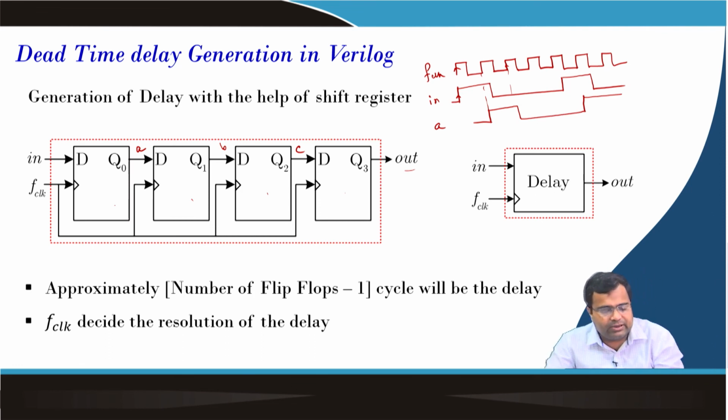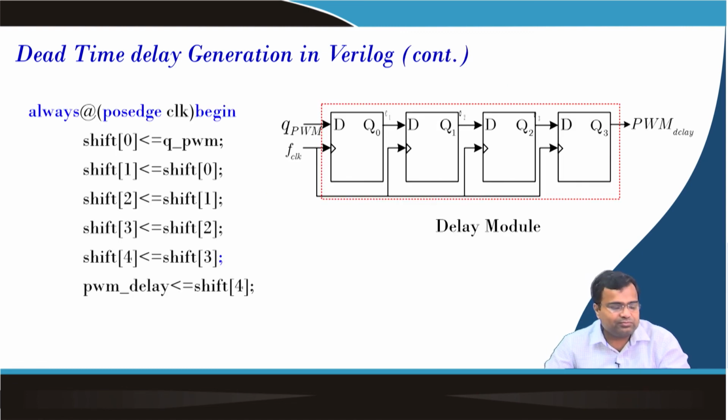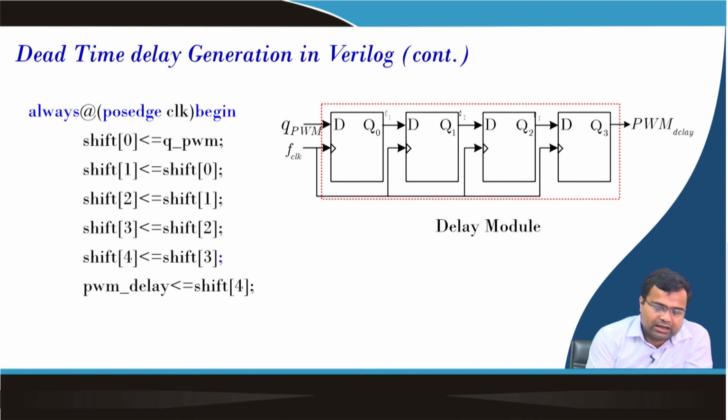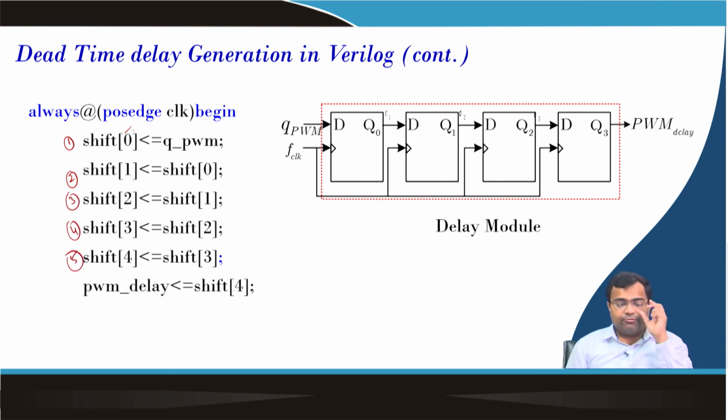The total delay will be the number of flip flops, or basically D flip flops in this case, minus 1. We are using shift 0 to shift 4, that means 5 units of delay. There will be 1 shift register, 2, 3, 4, 5. So the delay will be 5 shift register delays.